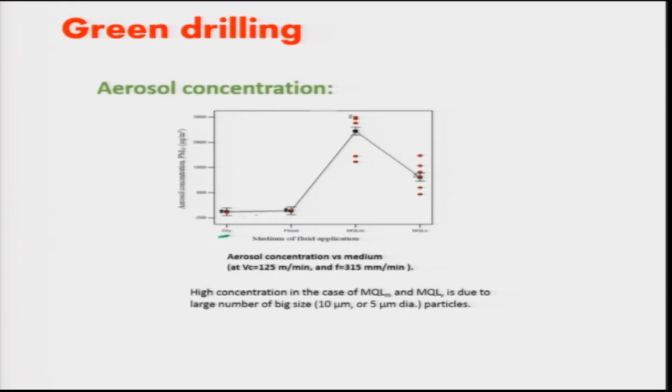In case of flood, it has a little rise, but in case of MQL, the rise is quite high because a lot of aerosols, mist particles, are recorded here by the aerosol collector. So the medium of fluid application considerably impacts the process; the medium here is dry, flood, MQL-M and MQL-V. Also we can see this in the table here.